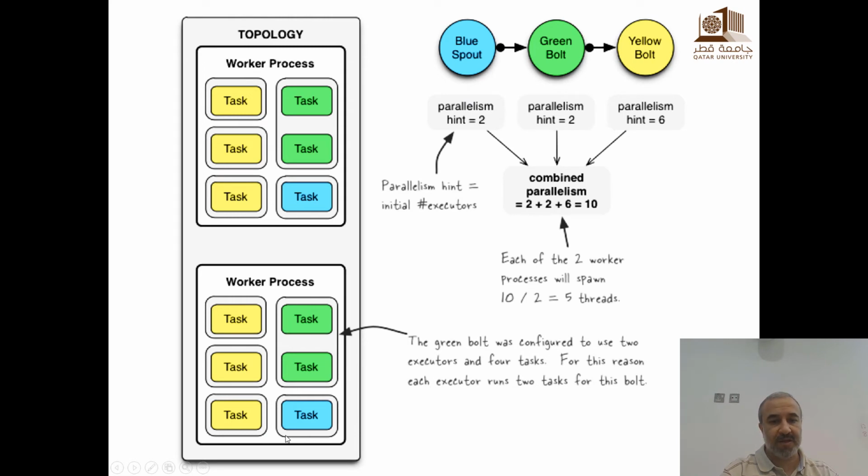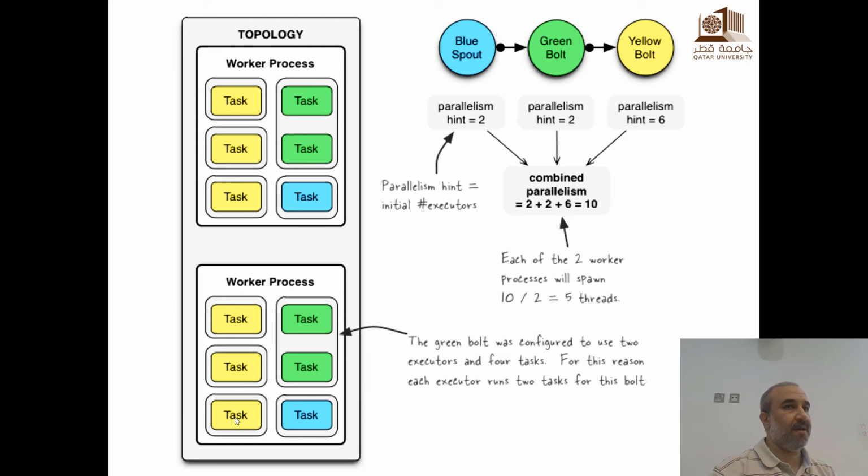This is one, and this is another. Okay? The green one has 2. But for the green one, it was configured to use 2 executors and 4 tasks. That's why each executor for the green one has 2 tasks, and overall it has 4 tasks for this green bolt. For the yellow one, it is 6 executors, 3 here and 3 there. Okay? So that's the distribution of tasks among the worker nodes.